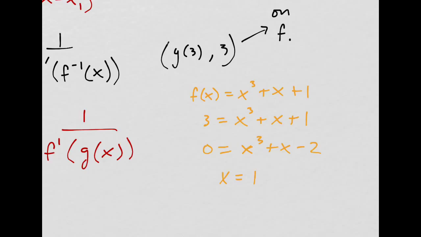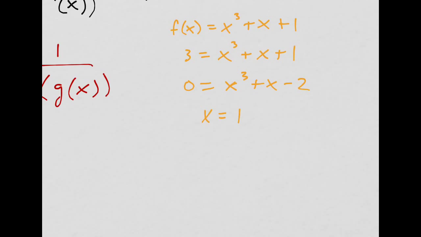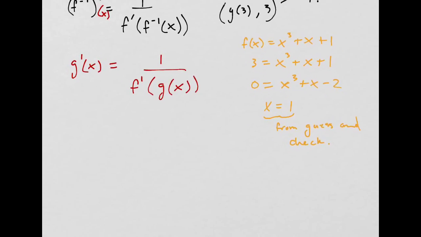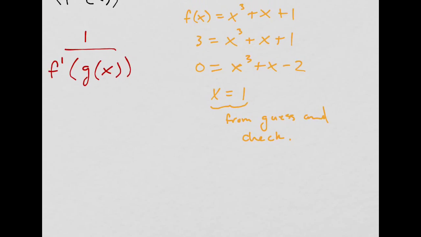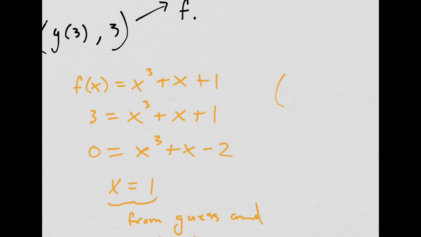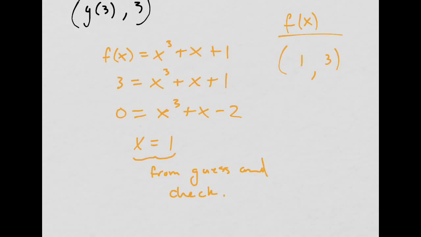Because 1 cubed plus 1 is 2, and 2 minus 2 is 0. So from guessing and checking, I know that for f of x, if I have a y value of 3, then the input is 1.